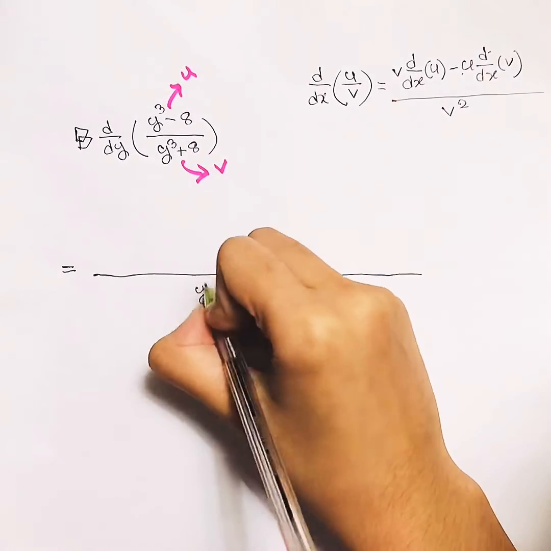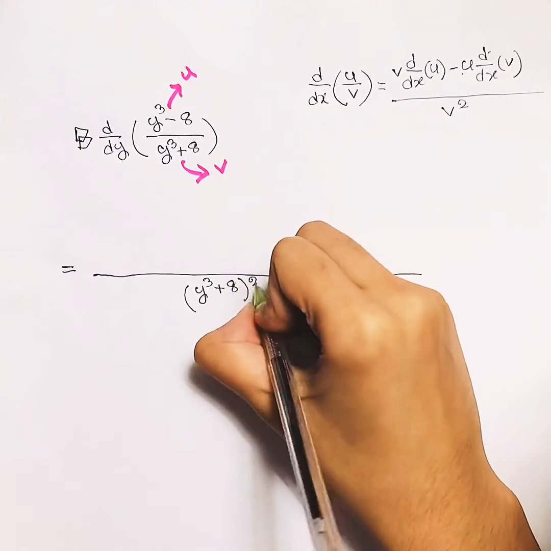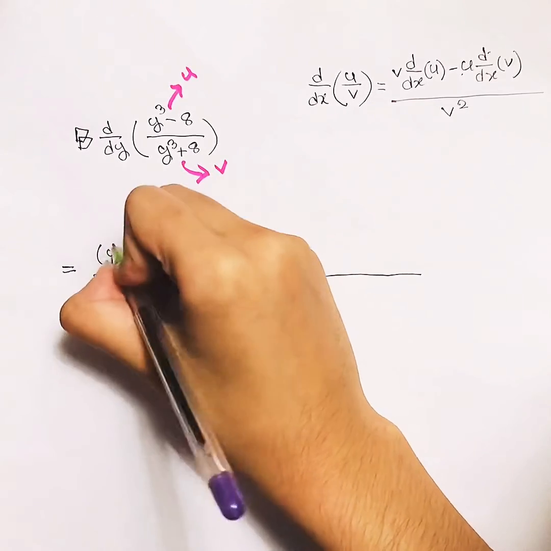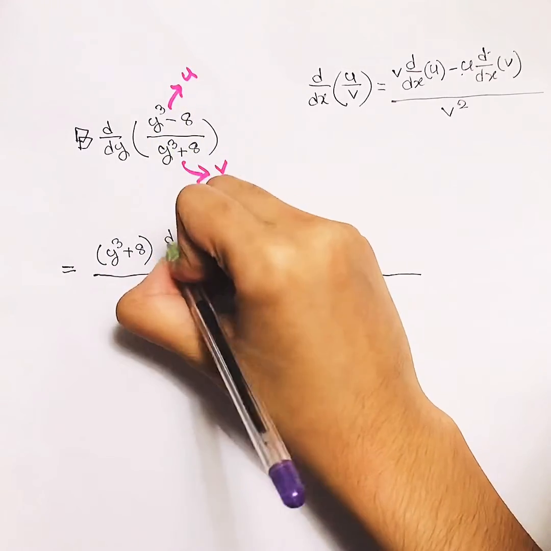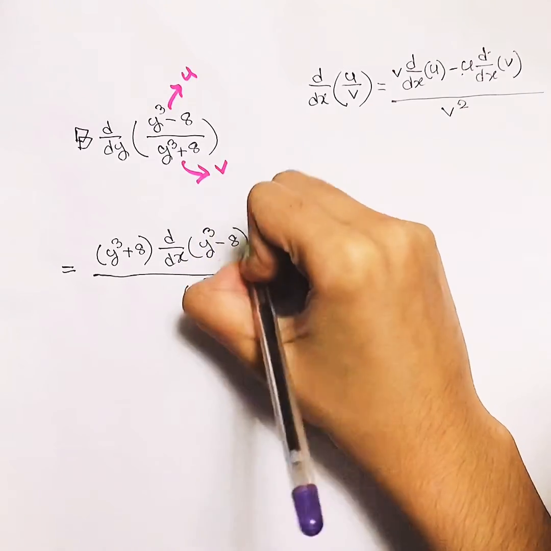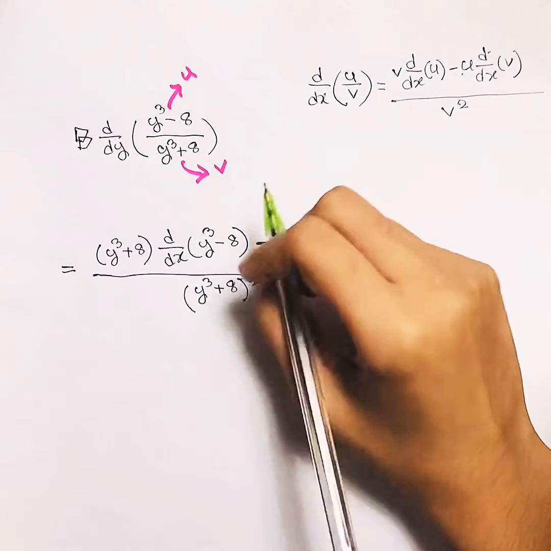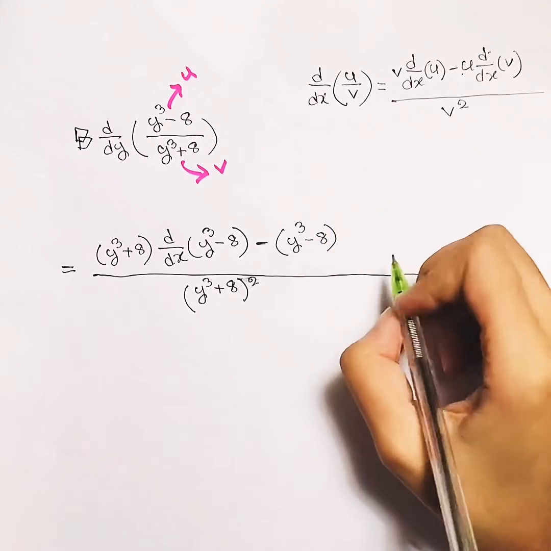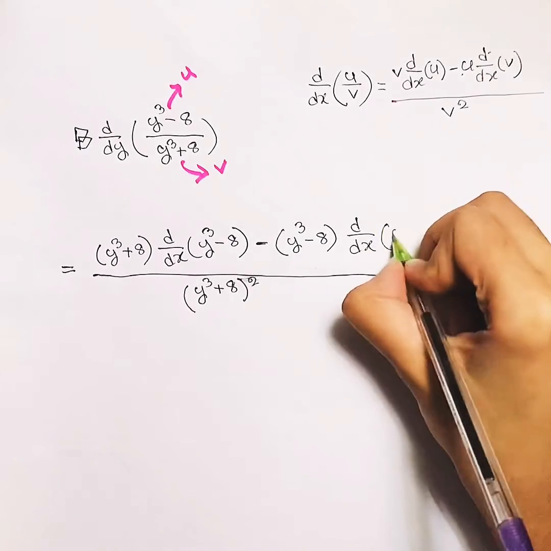So (y cube plus 8) whole square, then I keep my y cube plus 8 unchanged, and then differentiate y cube minus 8. Then I put my negative sign, keep my y cube minus 8 unchanged, and then differentiate my y cube plus 8.